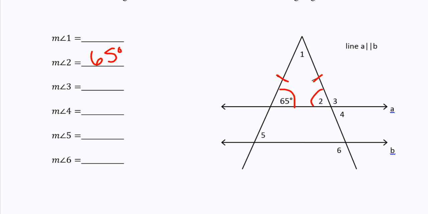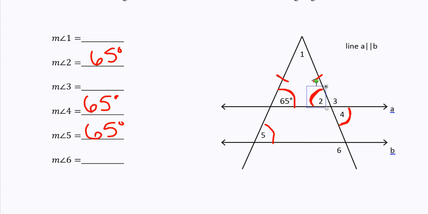Okay. Now next thing I'm seeing is that 65 and 5 are corresponding in these 2 pairs here. So angle 5 also congruent to that 65 degree angle. And while we're in this vein of 65 degree angles, 2 over here and 4 over here are vertical angles. And so that one is also 65 degrees.